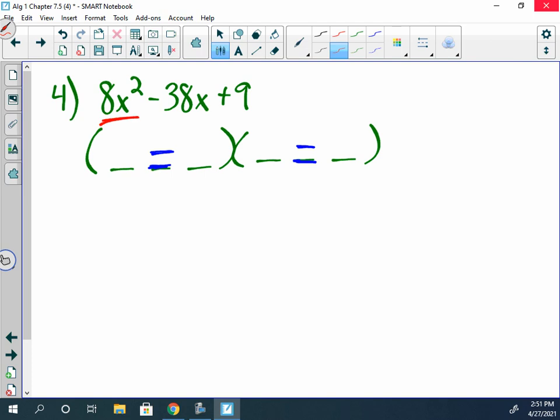Now, we'll look for the factors of the first and third. So 8 would be 1 and 8 and 2 and 4. And I went on and already filled in the x's because we know x squared is going to be x and x.